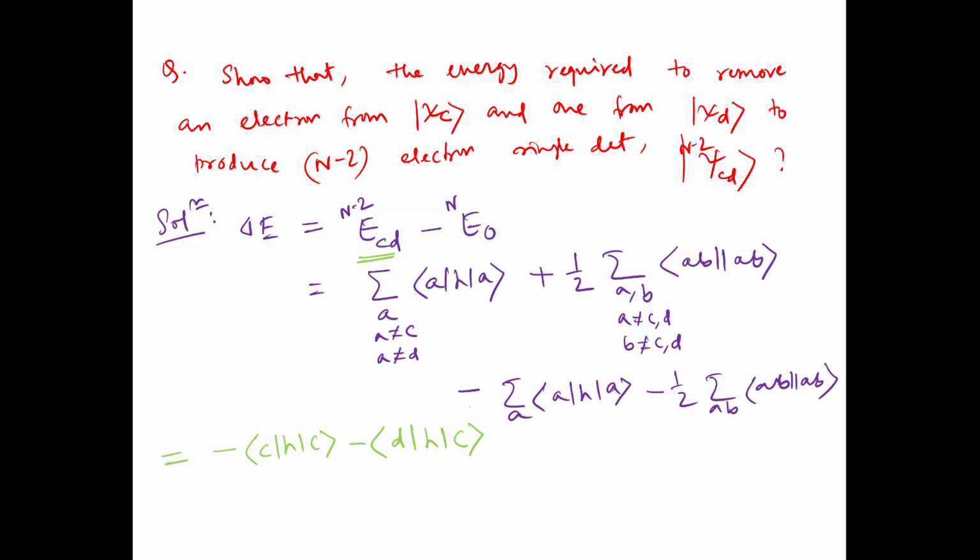So let's write it very carefully. Now let's write half summation over, you are taking the summation over A. So your B cannot be C and cannot be D, right? So you will have A, C, A, C, right?